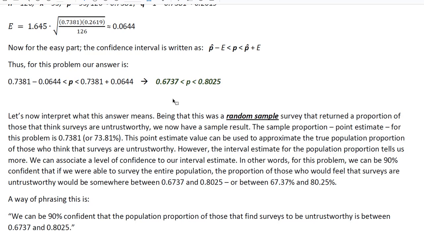Depending upon how big my sample is, it can be more or less likely. When we find a confidence interval, we're picking a level of confidence, and we end up with a range of values.